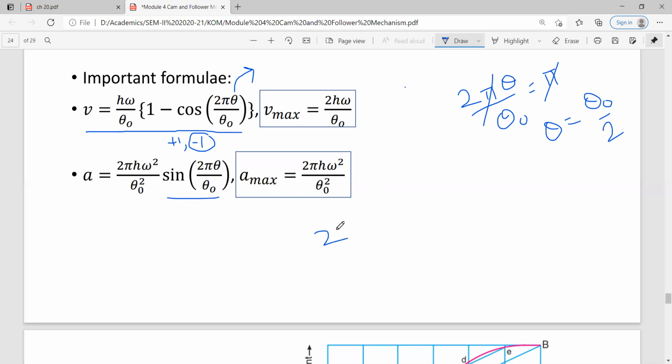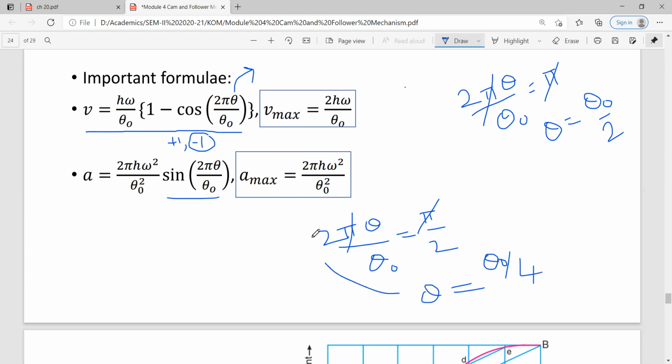So when 2 pi theta upon theta 0 is equal to 90 degree, means pi by 2, then this value will be 1. So this pi will get cancelled and you will get theta equal to theta 0 by 4.